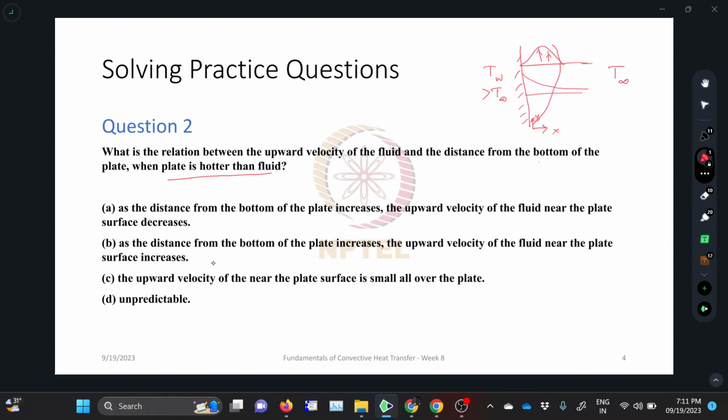So what is the relationship between the upward velocity of the fluid, let's say some v with which it's going up, and the distance from the bottom of the plate? So this is v and this is y.